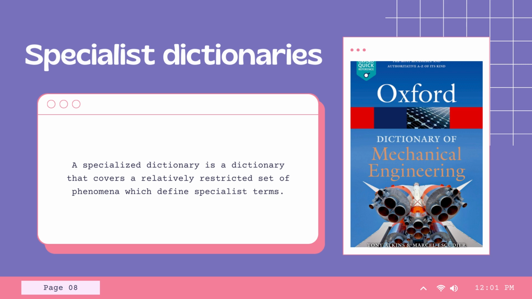Because they are focused on a topic. For example, in the image that we have here, the Oxford Dictionary of Mechanical Engineering, the words that we are going to find in this dictionary, maybe we can find them in an everyday conversation, but in this context specifically, mechanical engineering, they're going to have a different meaning.